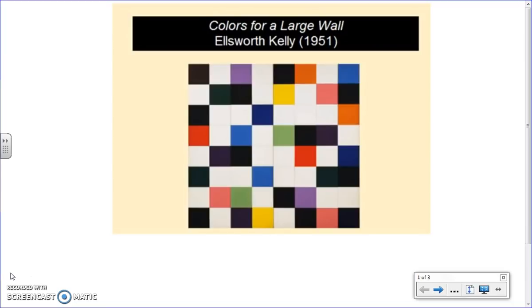He was making this collage and he had leftovers, so he wanted to make another piece of art. In Colors for a Large Wall, white is a dominant color because he didn't have enough colors left from his previous project for the new project. What he would do is match the hues of the colors with oil paint and arrange the panels according to his paper study.